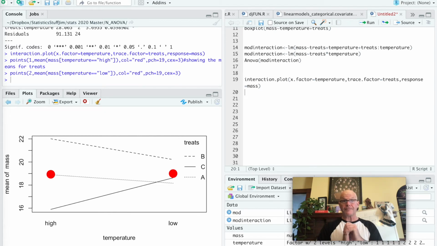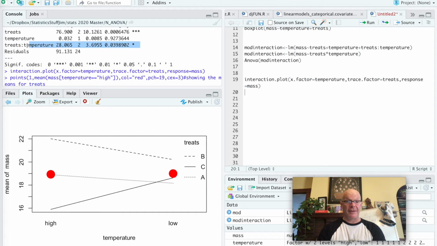Okay? And so just as we did with an ANCOVA, once we have that significant interaction term, that's telling us we need to dig in and interpret the hypothesis testing and understand what's driving that significant interaction term. And so what I'm going to do is create two different models, one for high temperature and one for low temperature.